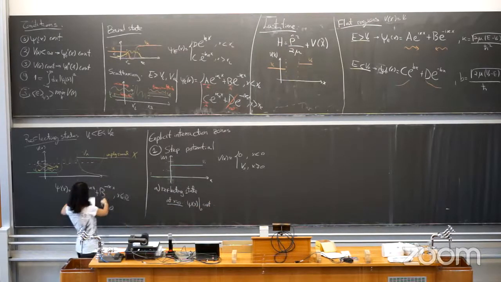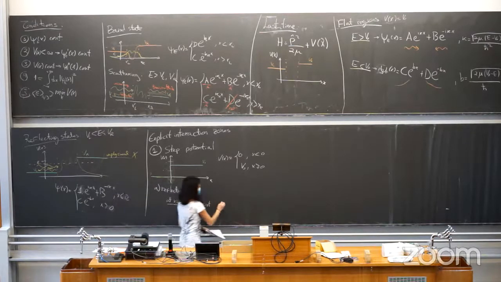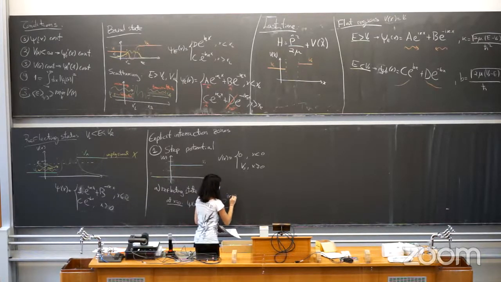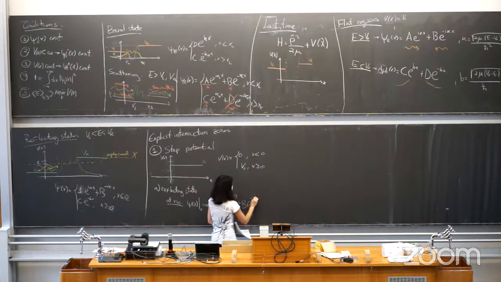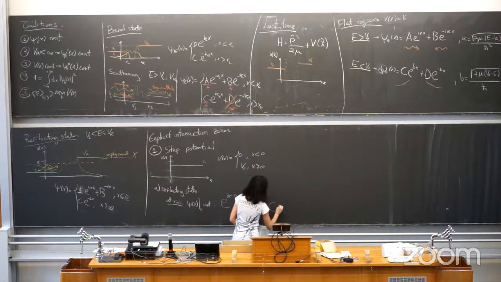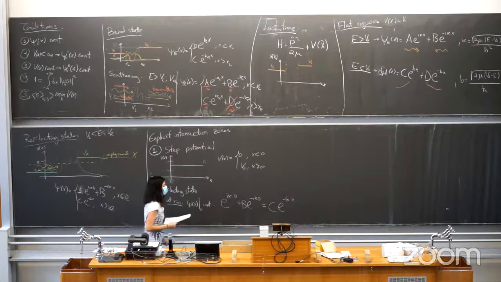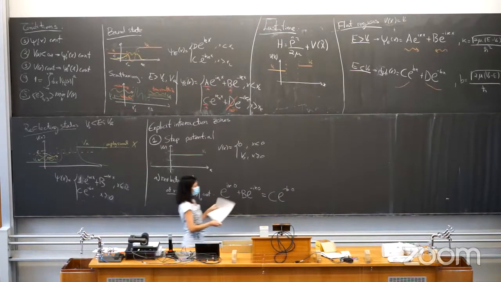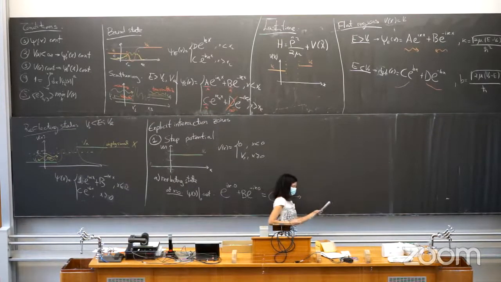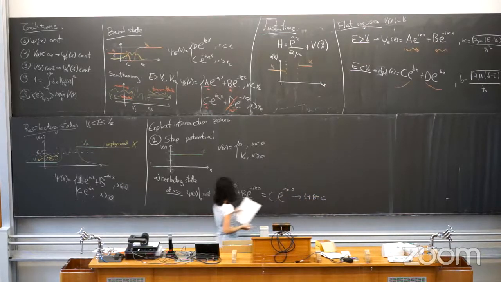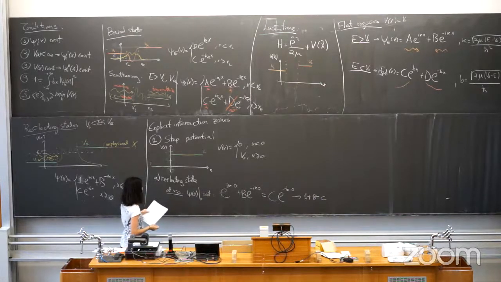So you have e^{ik·0} plus b e^{-ik·0} equals what's on the right, c e^{-κ·0}. So from here, we get 1 plus b equals c.